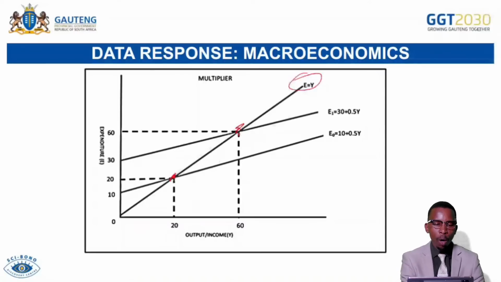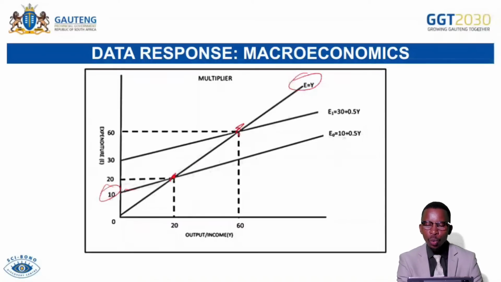And then we have our autonomous spending line. There you go, it goes up there. Then we have investment or autonomous spending of 10 million. We say E equals 10 plus 0.5Y. So that means on the given expenditure, we have 10 million, but we only spend half of it, which is 0.5.